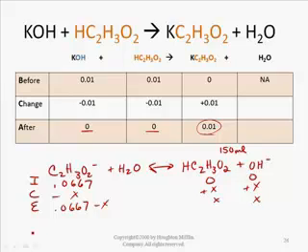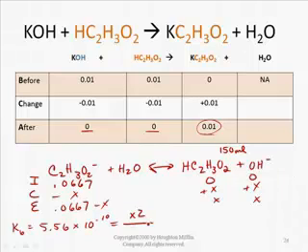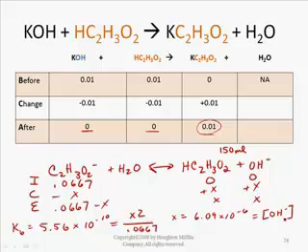And my Kb for the acetate is 0.56 times 10 to the minus 10, and that's going to be x squared over 0.0667, doing our simplification. So that times 0.56 times 10 to the minus 10, square root of that, so I get x equal to 6.09 times 10 to the minus 6, and that is the hydroxide because it's a base.